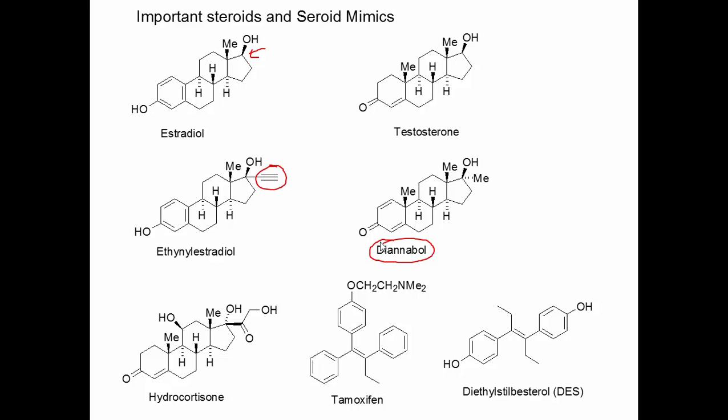Okay, the last two compounds, tamoxifen and diethylstilbestrol, are not steroids at all, but when an enzyme that uses steroids sees these molecules, it looks like one to them. So tamoxifen is actually an important treatment for recurrent breast cancer, and it's actually one of the most important treatments. And if you look at, let's see, parts of it look kind of like a steroid.